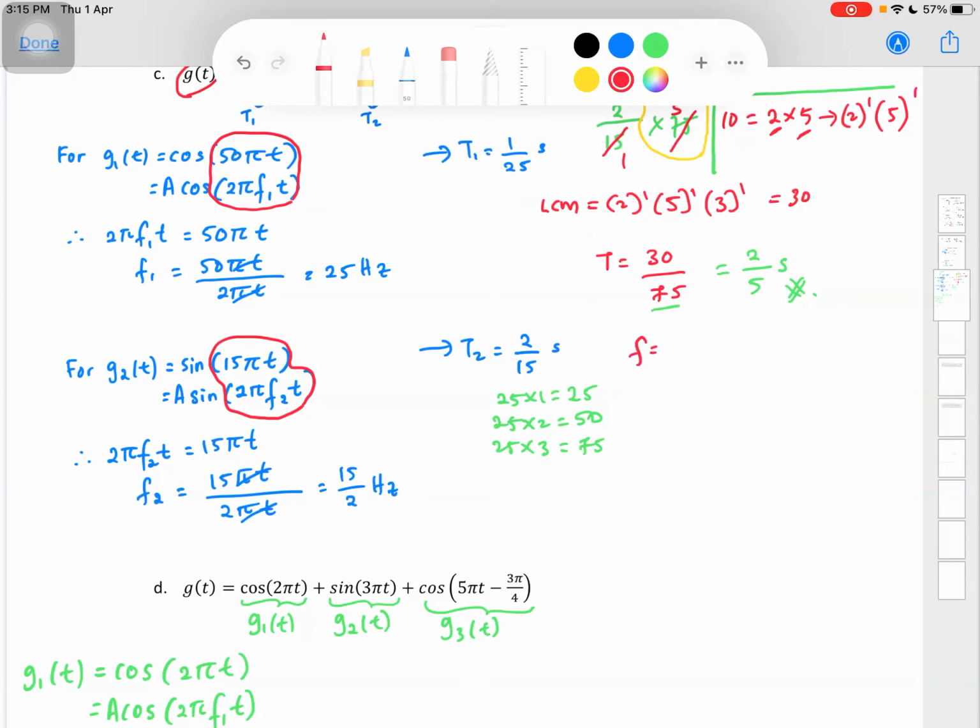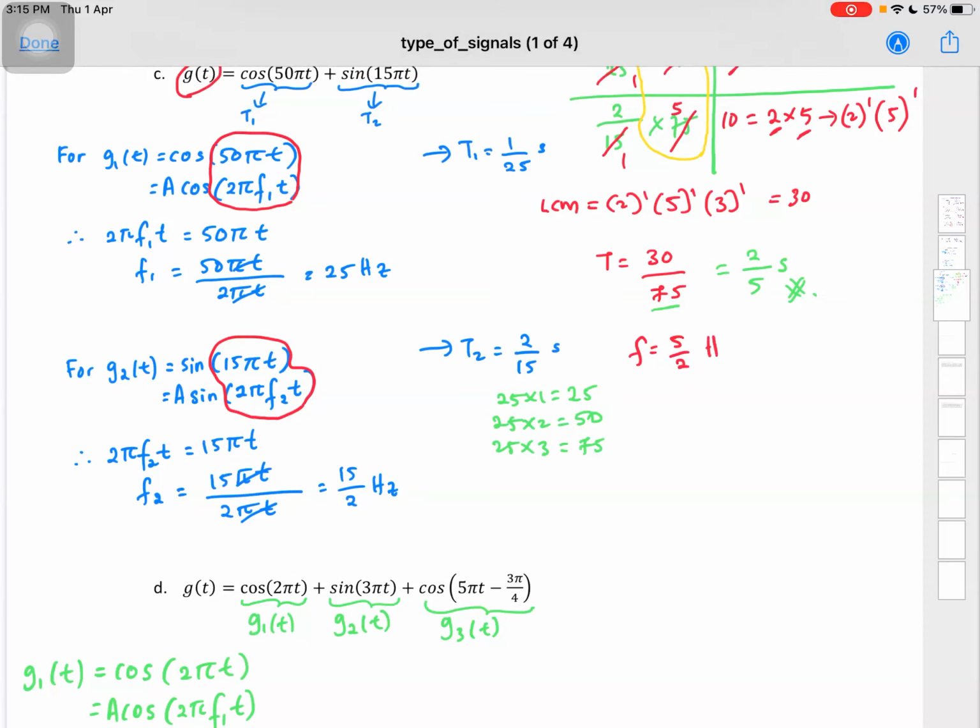By the way, for this question at the top, I forgot to calculate. F equals to 1 over T, so 5 over 2 hertz, and then the radial frequency, which is 2 pi f, will be 2 pi times 5 over 2, so it will be 5 pi radian per second.